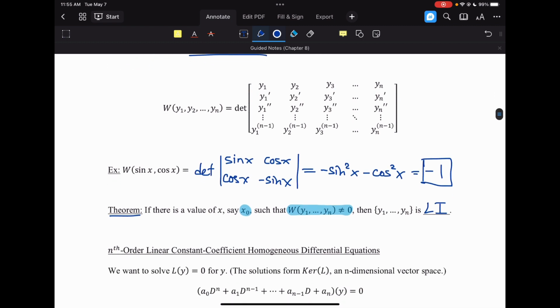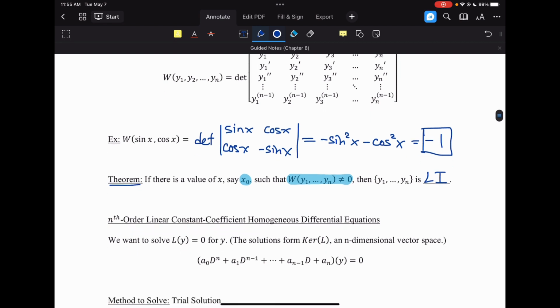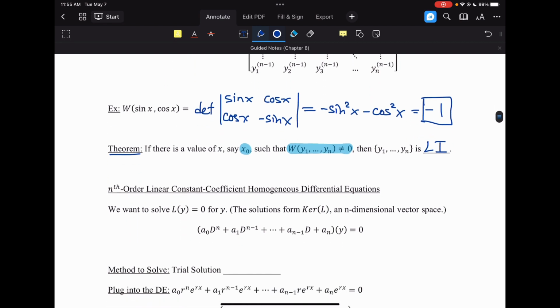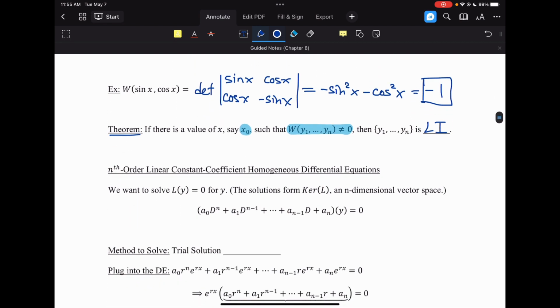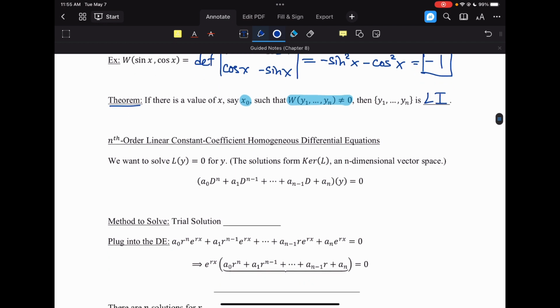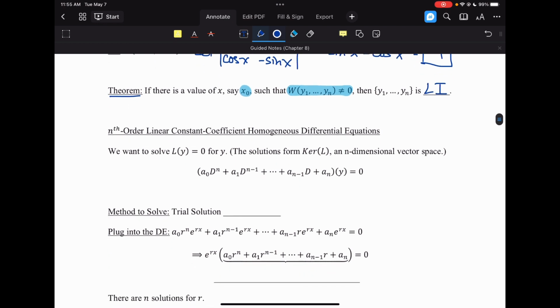Now, looking at the nth order linear constant coefficient homogeneous differential equations. So we're looking at nth order linear, that's the same thing that we were just talking about, constant coefficient, so of course constant coefficients, homogeneous, so the system set equal to 0, and then differential equations, of course.